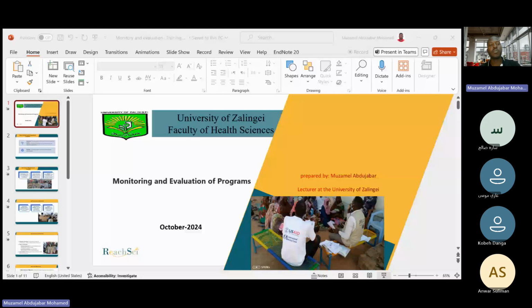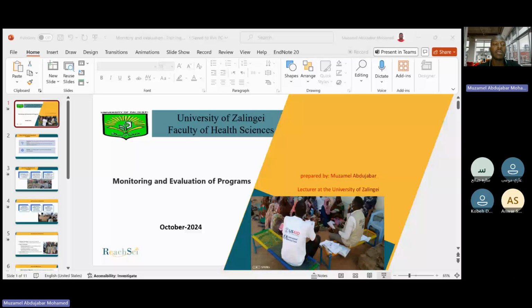Tracking the progress helps us see whether the program is going on based on the objectives or goals or not, and helps us schedule the programs, to see whether this project is going the same as our objective or not. This is one of the important aspects of monitoring and evaluation.